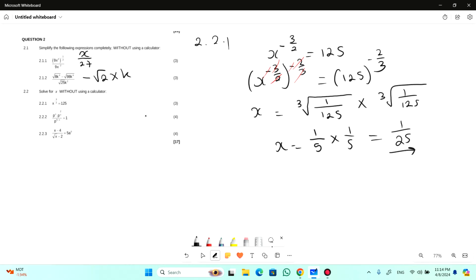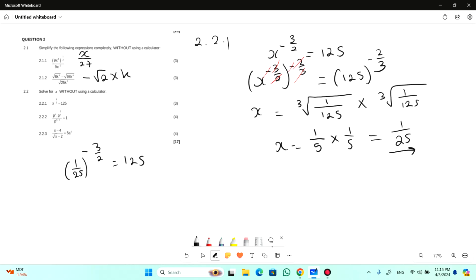So if I take that same value and plug it into the original expression, meaning 1 over 25 raised to the power negative 3 over 2, this should give me 125. If you check that on your calculator, you should get 125.